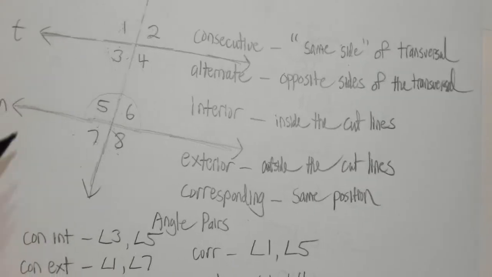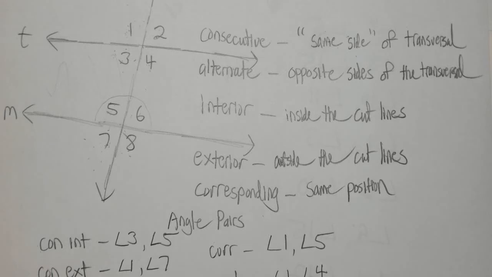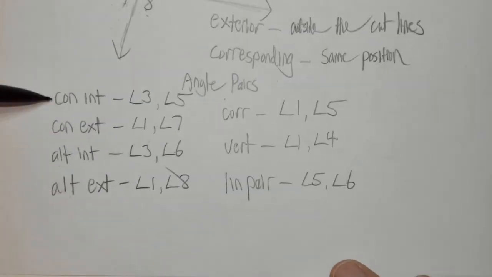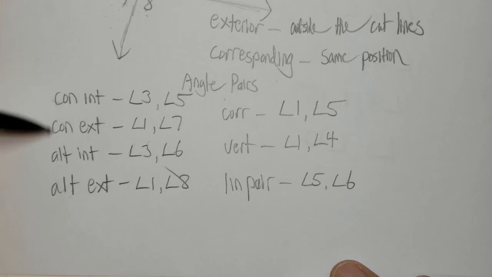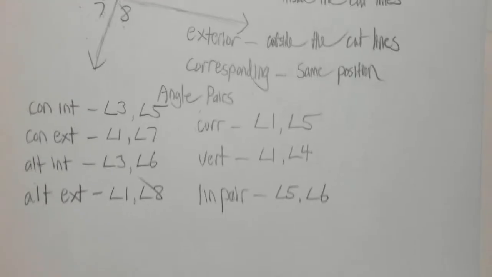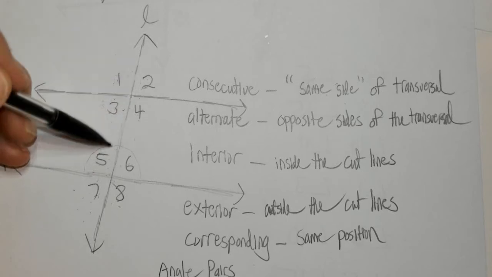Now, here's the important thing to distinguish. The first 5 angle pairs that we've looked at, all the consecutives, the alternates, and the corresponding, all 5 of those, they are not adjacent to each other, meaning they are in different intersections. Okay, they are not in the same intersection.